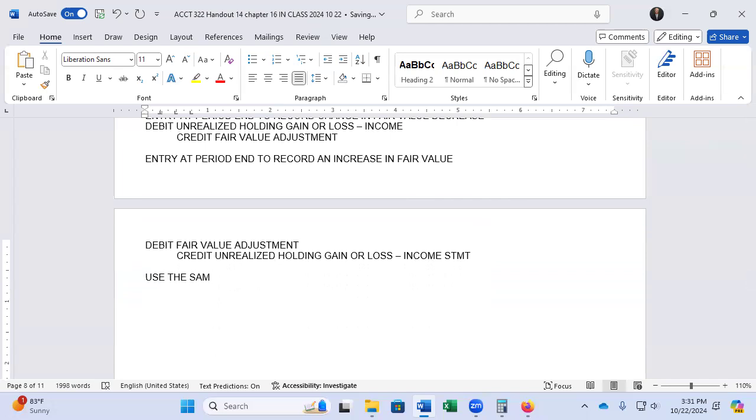And we use the same process as held to maturity for fair value.